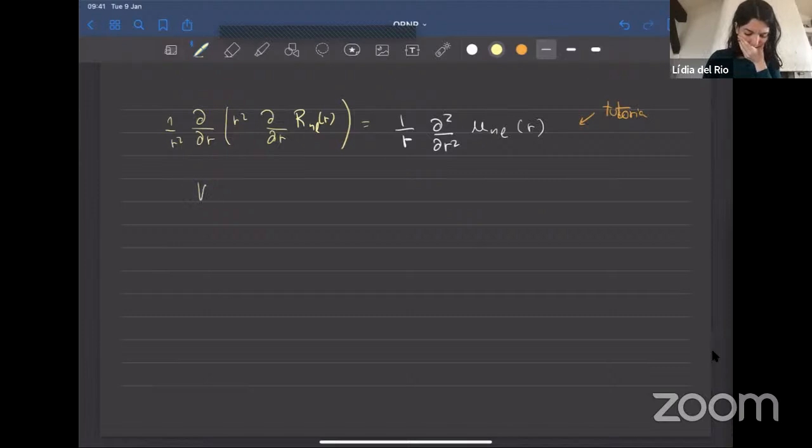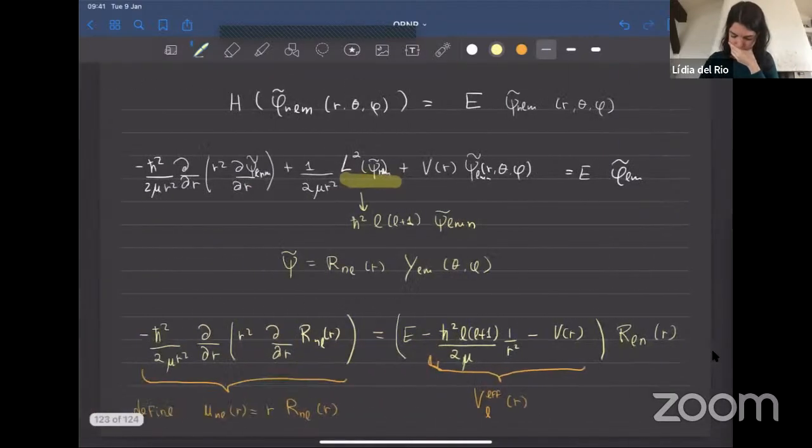Let's just recap what the V effective of L is. This is our original potential plus this term that depends on 1 over r squared. Did I forget anything? No, that's it.